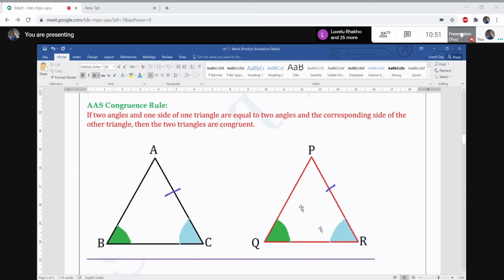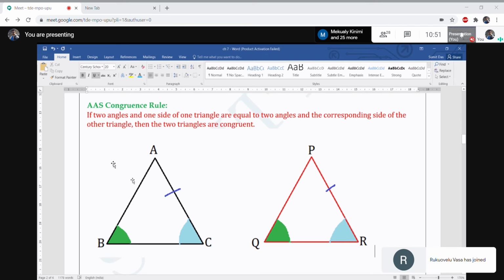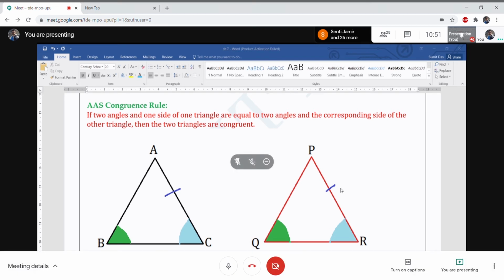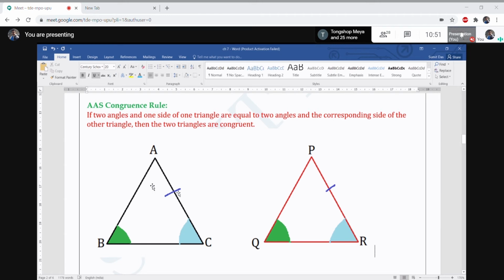This is the diagram. You can see that two triangles are there, ABC and PQR. Any two angles, this green color and this sky color, are equal. It is not necessary that the included side be equal; it is not saying the included side, any other side, but it has to be the corresponding side of the other triangle. So if these two angles are equal and this side is equal to the corresponding side of the other triangle, then we can easily say these are congruent triangles.